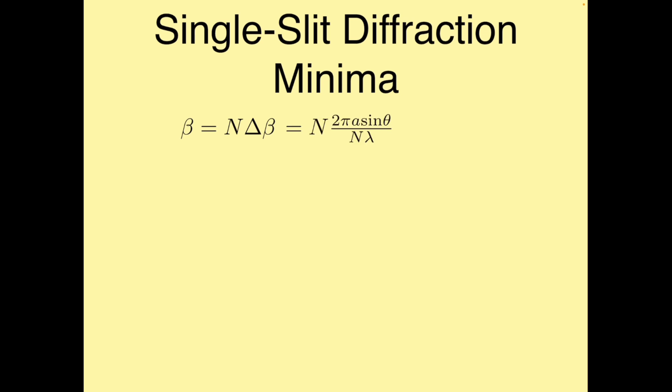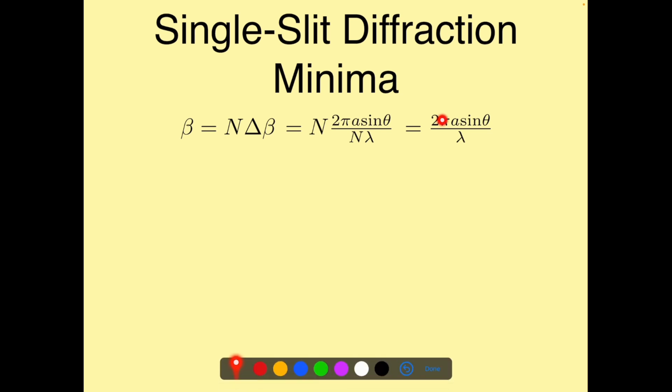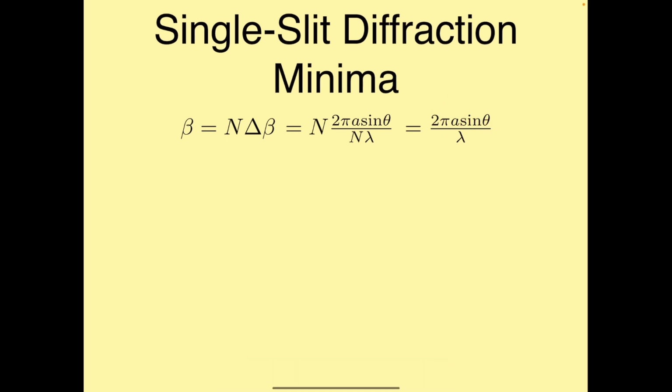So we have n times delta beta, which is 2 pi times a times sine theta over n times lambda. We worked this out previously. So notice how n just goes away. N is completely irrelevant. It doesn't matter how many phasors you choose. Beta is always going to be equal to 2 pi times a times sine theta over lambda.